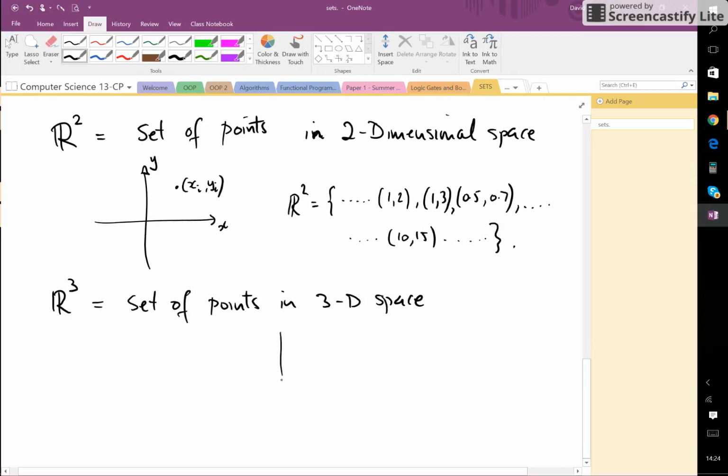So you basically have the idea of an X and a Y and a Z axis, and we get to a point somehow by going along X, up Y, up Z. So, okay, all the points. Again, an infinite number of those.